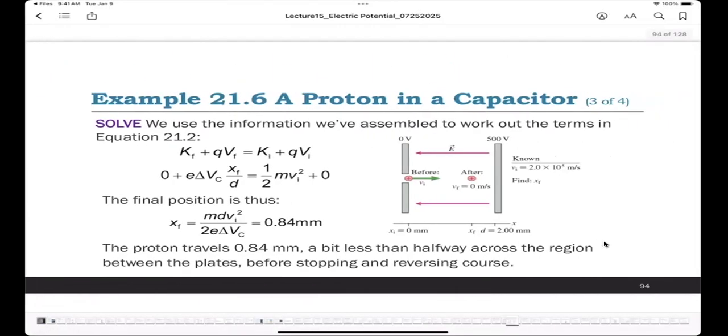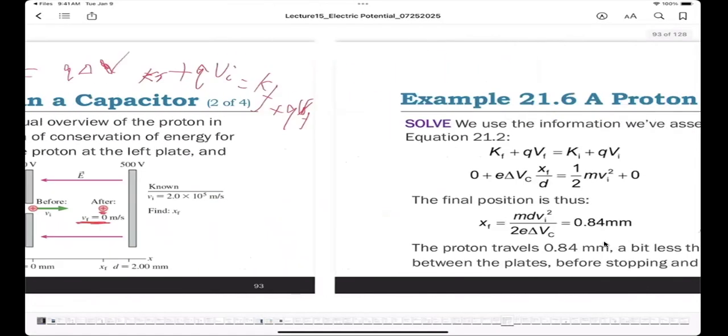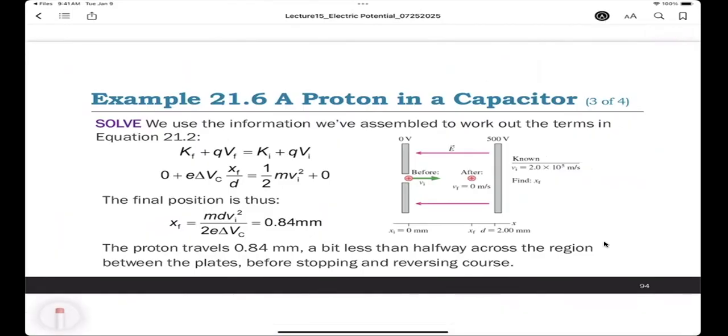We use the information we've assembled to work out the terms in equation 21.2. As we talked about at the beginning, the final velocity is 0, so KF is 0.